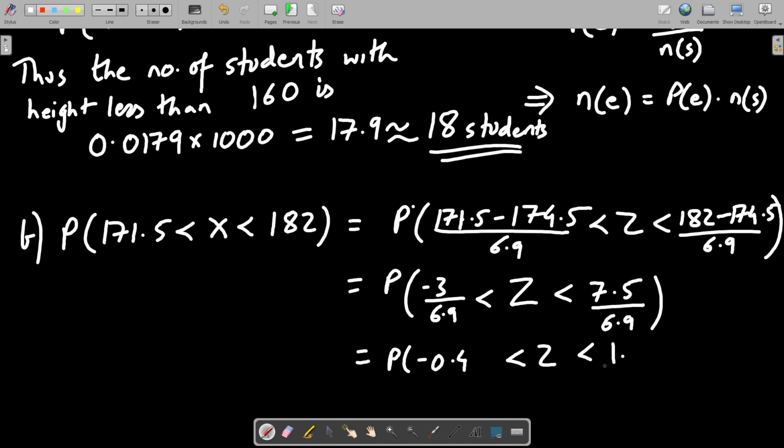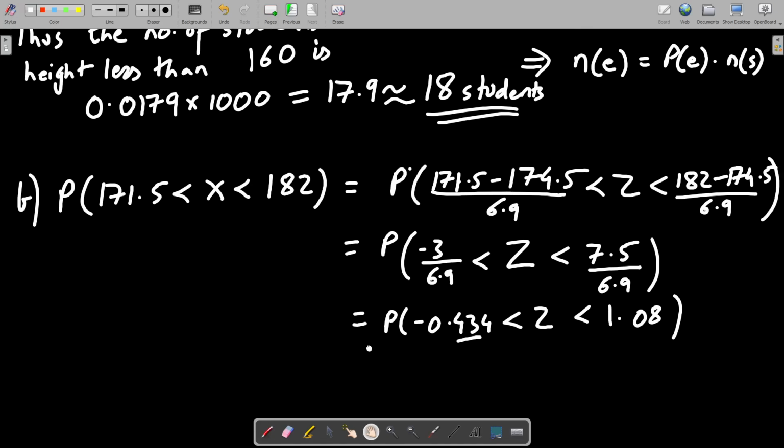Just use a calculator and tell me the answer. 1.08, and this one 0.434. So we will round it off to 0.43, okay, because we have only 2 decimal data.